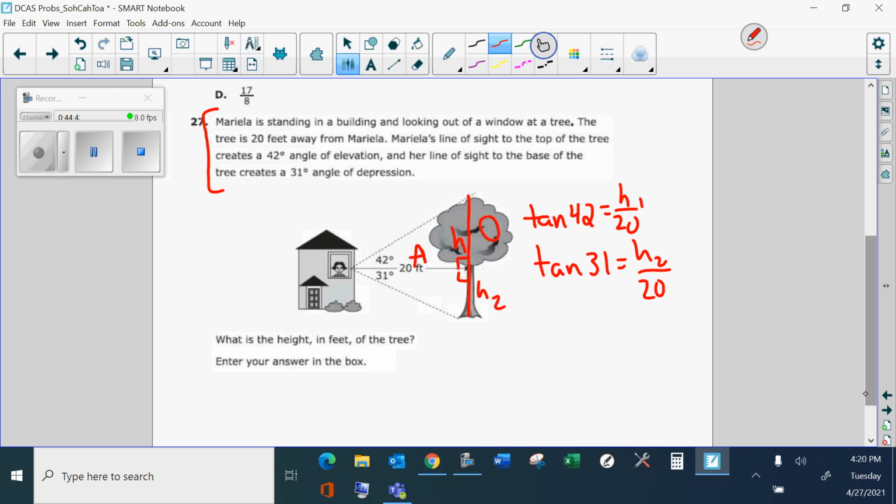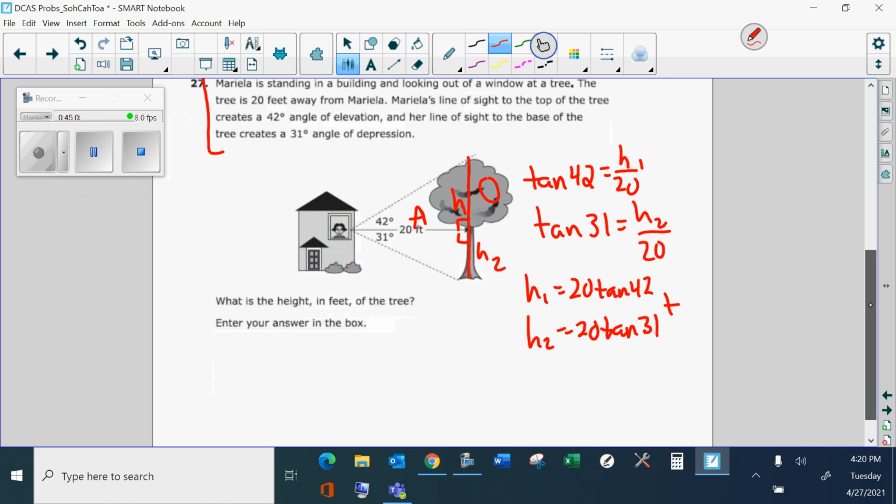Okay, so h sub 1 equals 20 tan 42, and h sub 2 equals 20 tan 31. Put them on the graphing calculator, add them together, and there's your answer. Enter it in the box. It must tell you what to round to here.